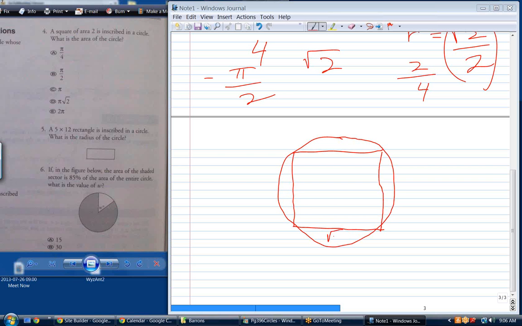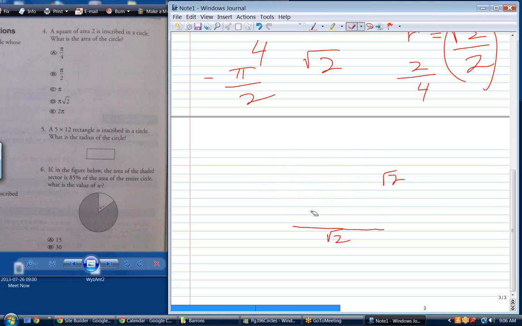Square root of 2. So the diagonal in the square would be 2. So then it'd be pi times 1 squared, or just pi. Right, pi.